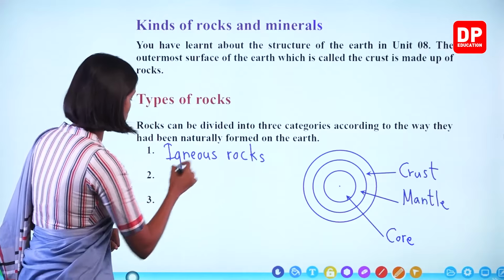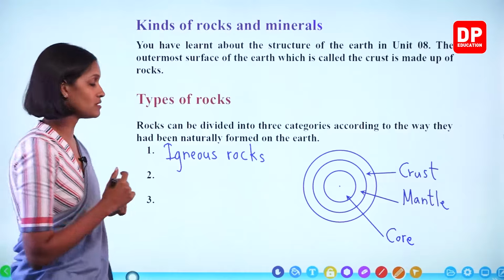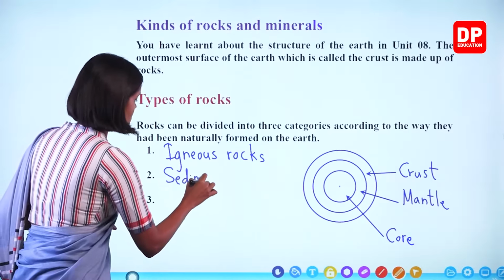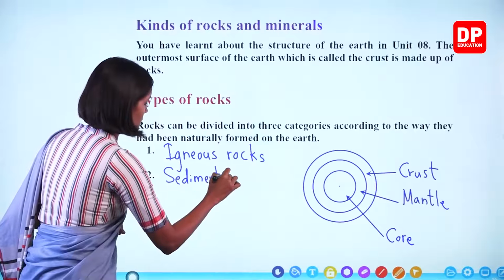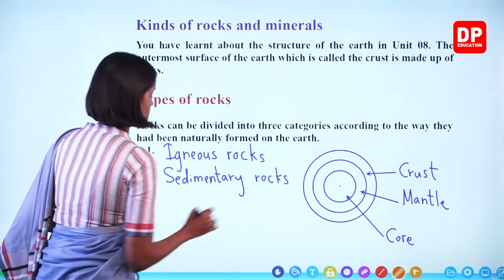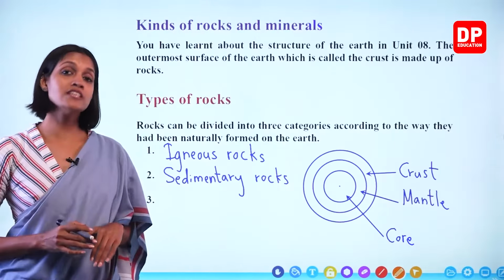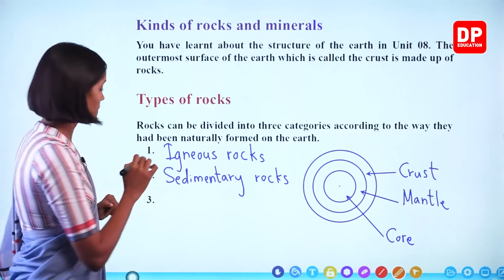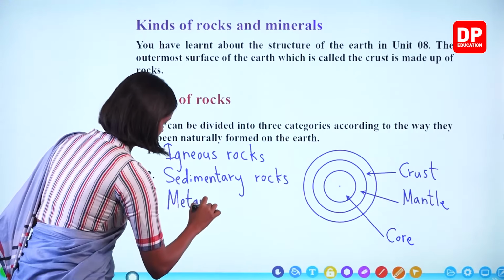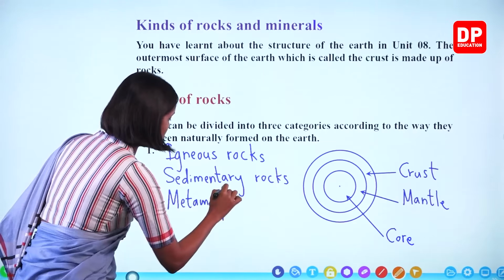The second type is known as sedimentary rocks. The third type is known as metamorphic rocks.